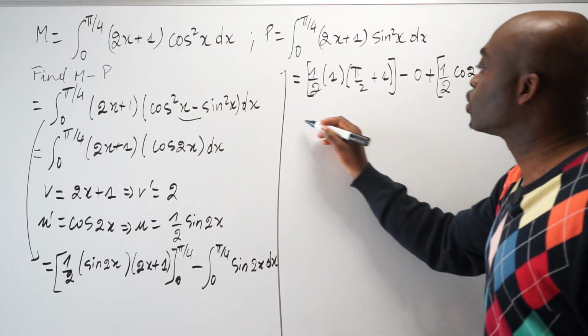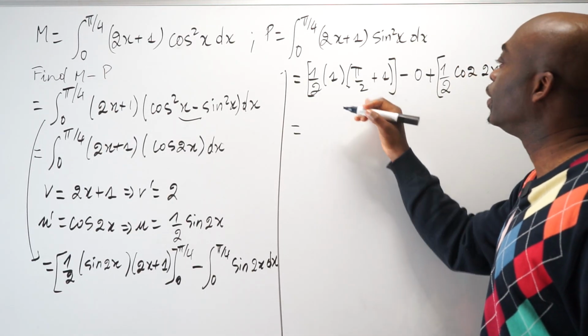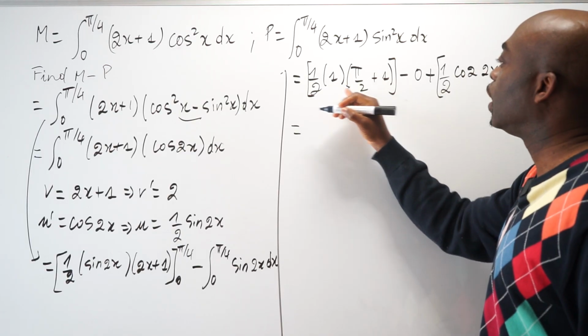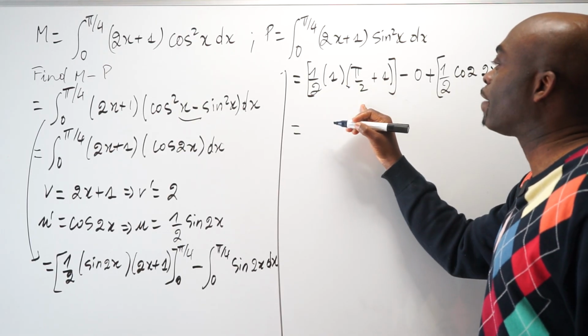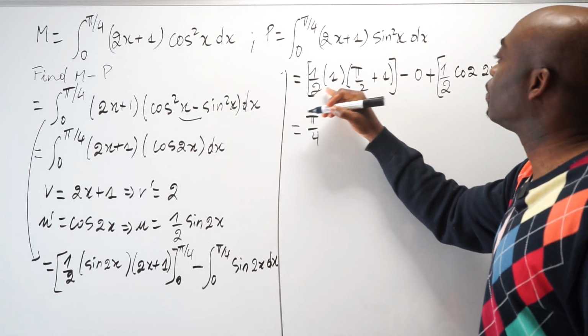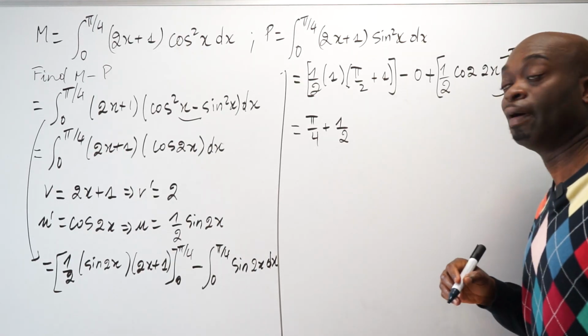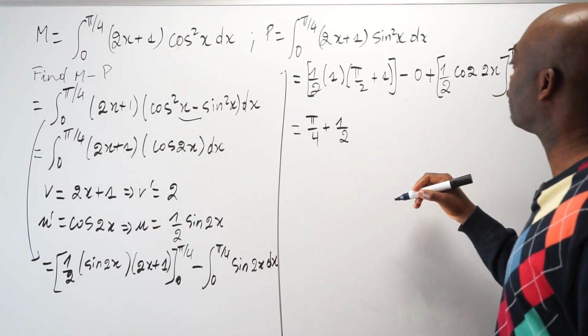All right? So now here we are. 1 over 2 times 1 is 1 over 2, and then pi over 2. So 1 over 2 times pi over 2 will give us pi over 4, and then 1 over 2 times 1 is 1 over 2. That's what we have for that for now.